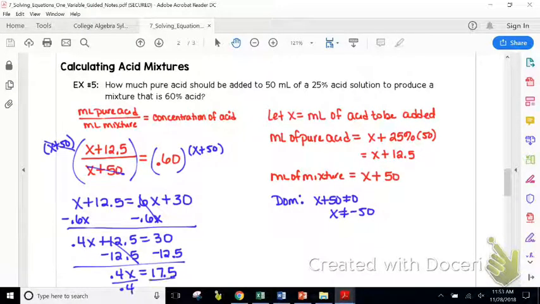Divide by the 0.4. And x equals 43.75. So what is that? Yeah. So 43.75 milliliters of pure acid should be added.